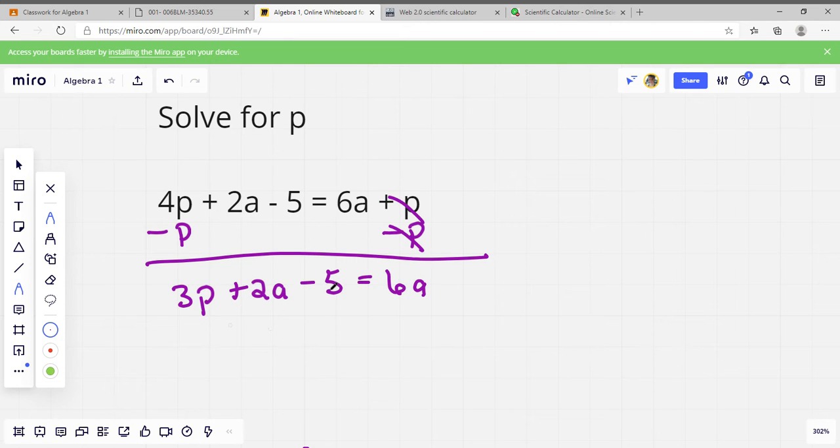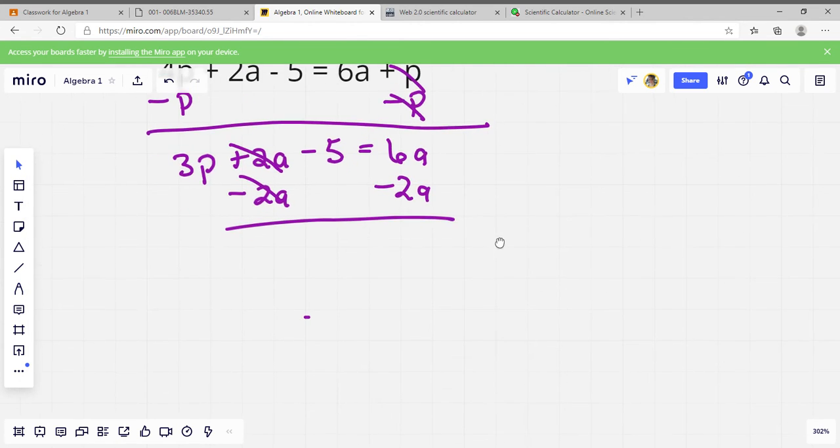Now let's get our a out of here, move it to the other side. These cancel. Okay, so now I've got 3p minus 5 equals 6a minus 2a, which is going to be 4a.